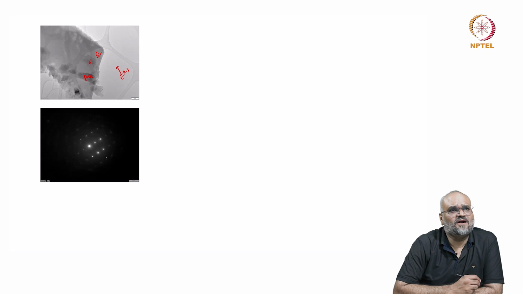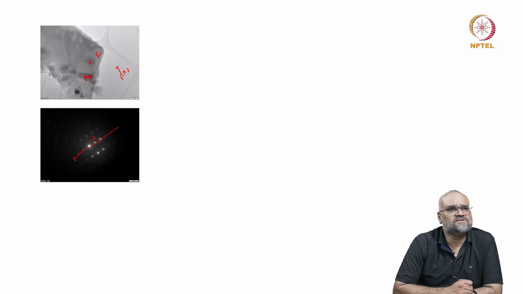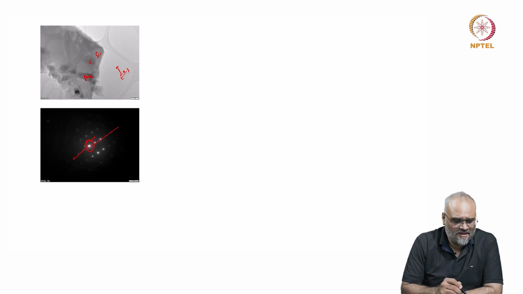The specimen is not oriented perfectly into a crystallographic zone axis. I see that the intensities on this side and the intensities on this side are not uniform, but in principle this can be adjusted. However, our purpose is first to see if I place an aperture around this particular bright spot, how does the contrast in the bright field image I obtain vary.